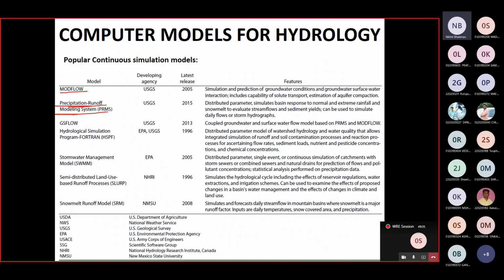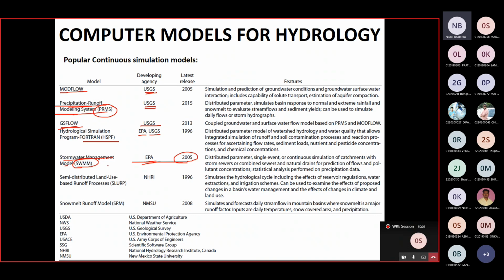Precipitation runoff modeling system, PRMS. This is developed by USGS. Then GSFLOW, and the hydrological simulation program in the Fortran code, that is developed by USGS, EPA, and others together. We are having the storm water management model. This is also a very popular model, SWMM, which is developed by the Environmental Protection Agency in the year of 2005.